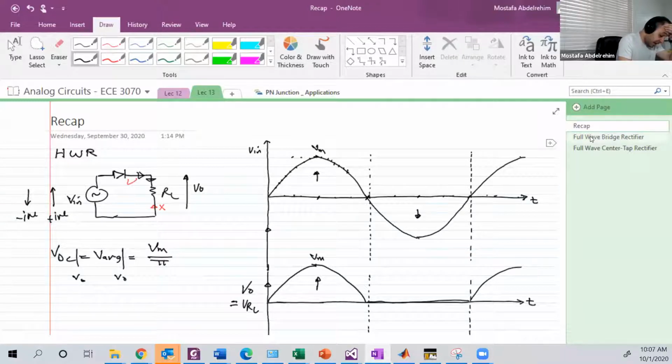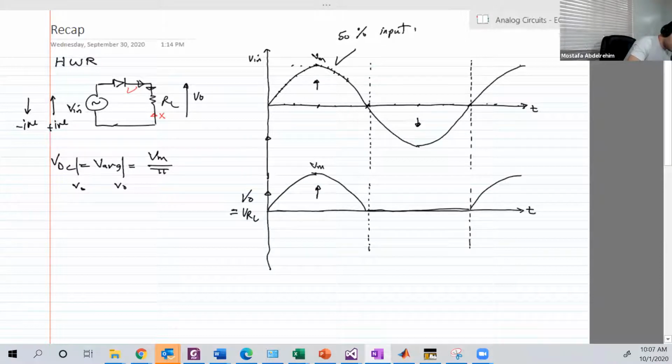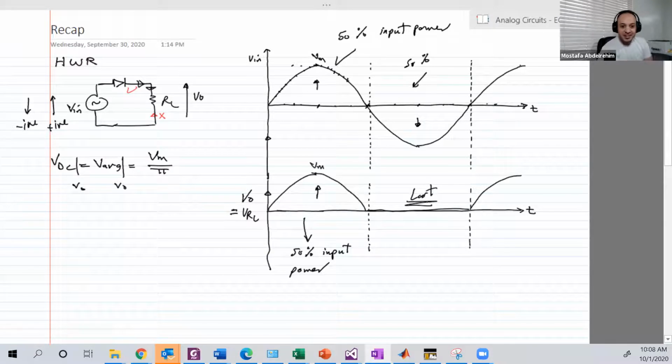Okay. One problem with that circuit here is that we just lose half of the input. So half of your power is just lost. So we pass 50% of the input power. The other 50% is just lost. It is not passing.